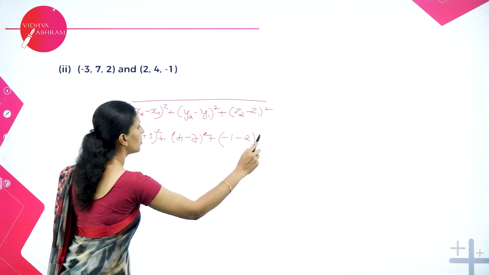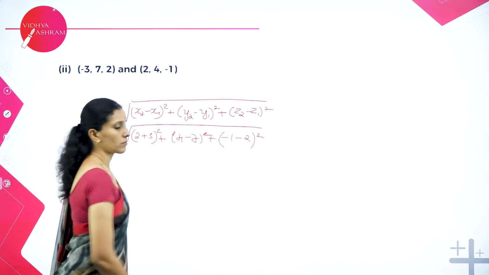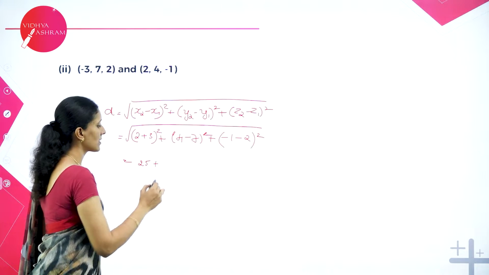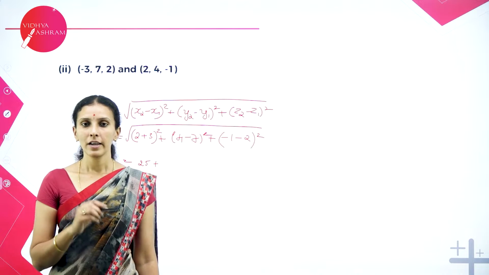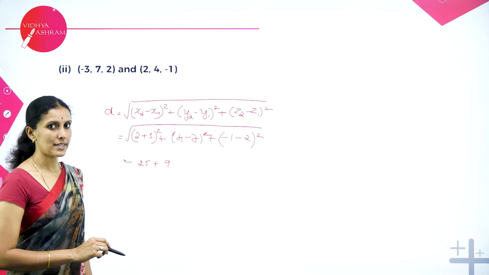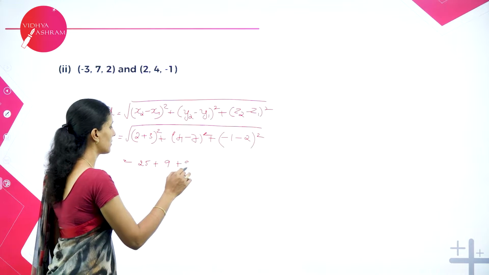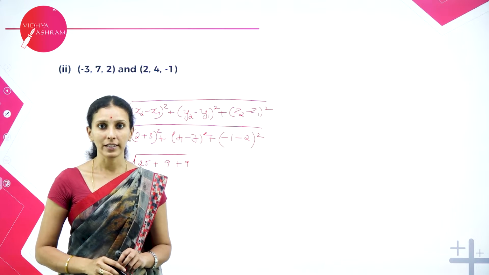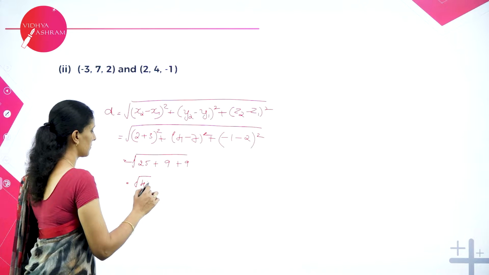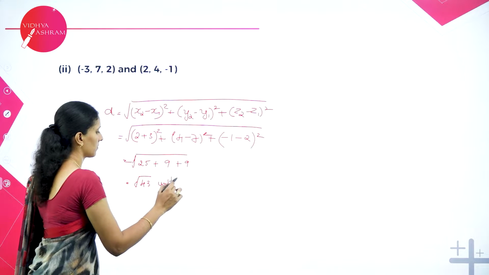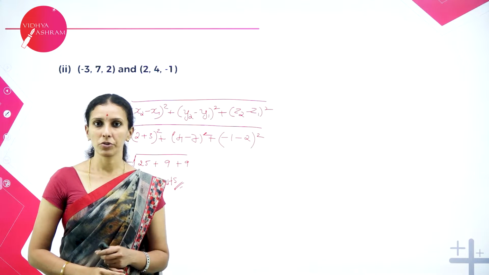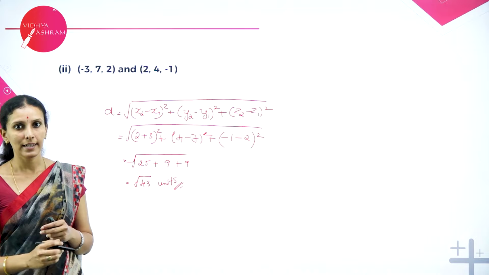So which becomes whole square under the square root. Now we have 2 plus 3, 5. So 25 plus 4 minus 7 is minus 3. Minus 3 whole square is 9. Next, minus 1 minus 2 is minus 3. Again, minus 3 whole square is 9. So it is root 43 units. So this is how we can find the distance between any 2 points using the distance formula.